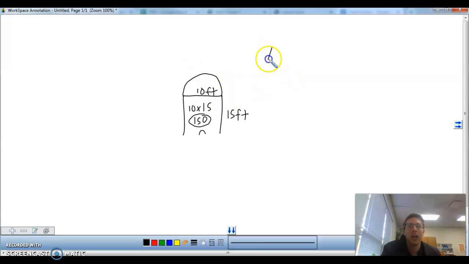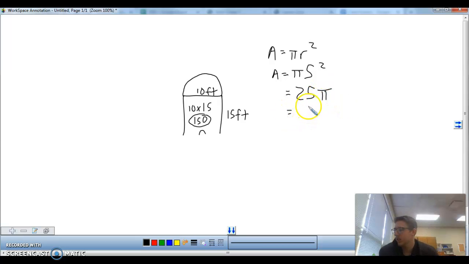You still need to find the area of this semicircle. Remember, area of a circle is pi r squared. Right now we have the diameter. So we need area equals pi times the radius squared. If the diameter is 10, the radius would be 5. Pi times 5 squared, which is 25 times pi, which is 78.5.